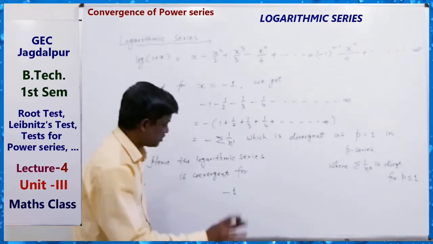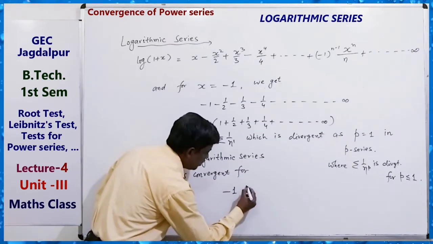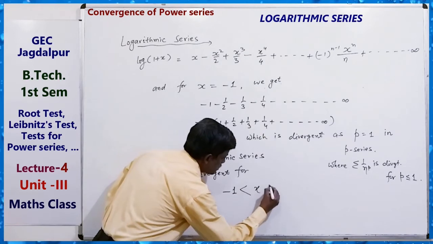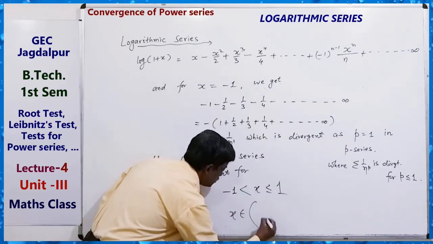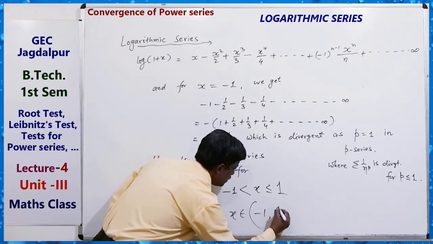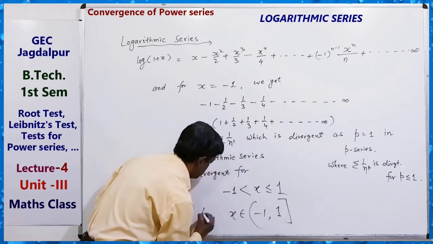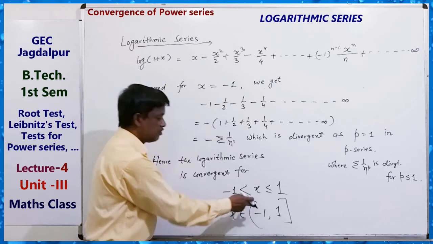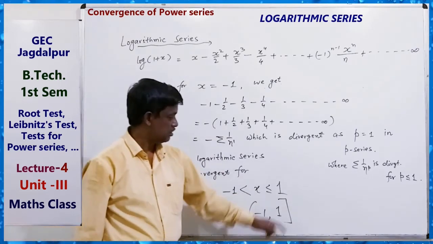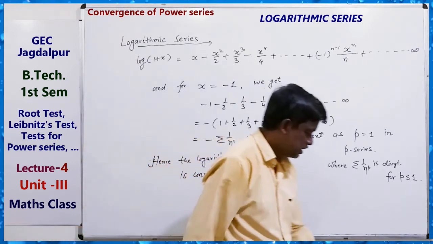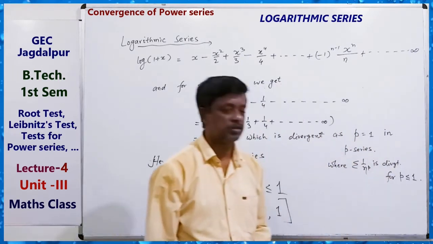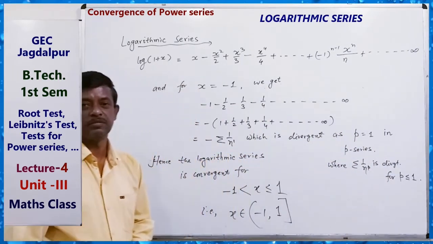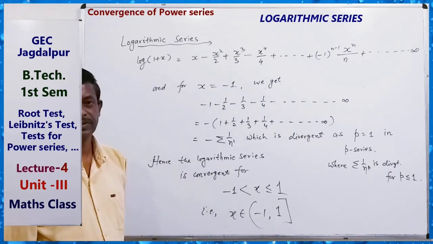So minus 1 is not taken in the interval. So x is less than or equal to 1, that is, x belongs to minus 1 and 1. That is the interval of convergence. This is open here, right? So minus 1 is less than x, which is less than or equal to 1. This is the interval of convergence of the logarithmic series.